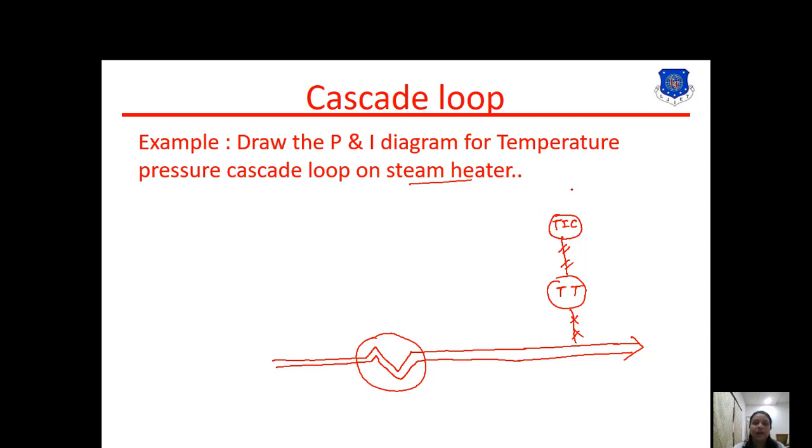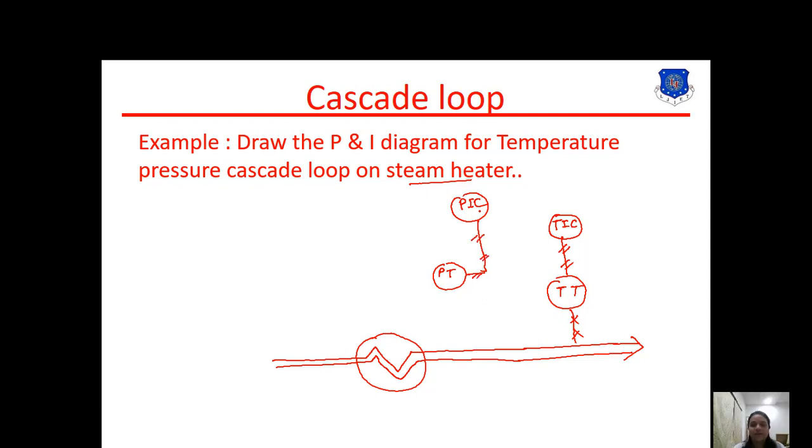Now the second loop is the pressure loop. For the pressure loop we put here a pressure transmitter. The short form of the pressure transmitter is PT, and here we put a pressure indicator controller. Whatever signal is transmitted for the pressure, it is a pneumatic signal, and the symbol of the pneumatic signal is like this.